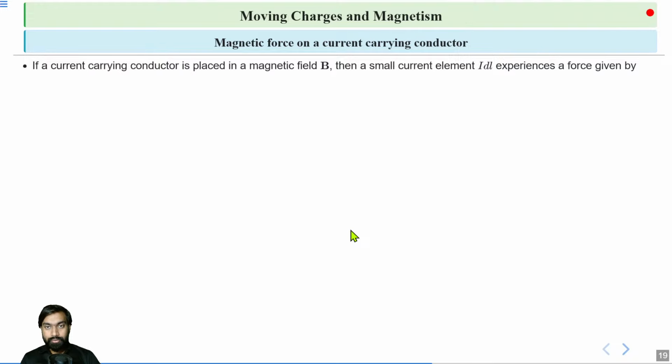Consider a small segment of the conductor with length dl carrying a current I. The small current element experiences a tiny force given by dFm equal to I dl cross B. Here cross denotes the cross product, which means the force is perpendicular to both the direction of the current element dl and the magnetic field B. The total force on the entire conductor is found by summing, integrating, the forces on all such small elements along the conductor.